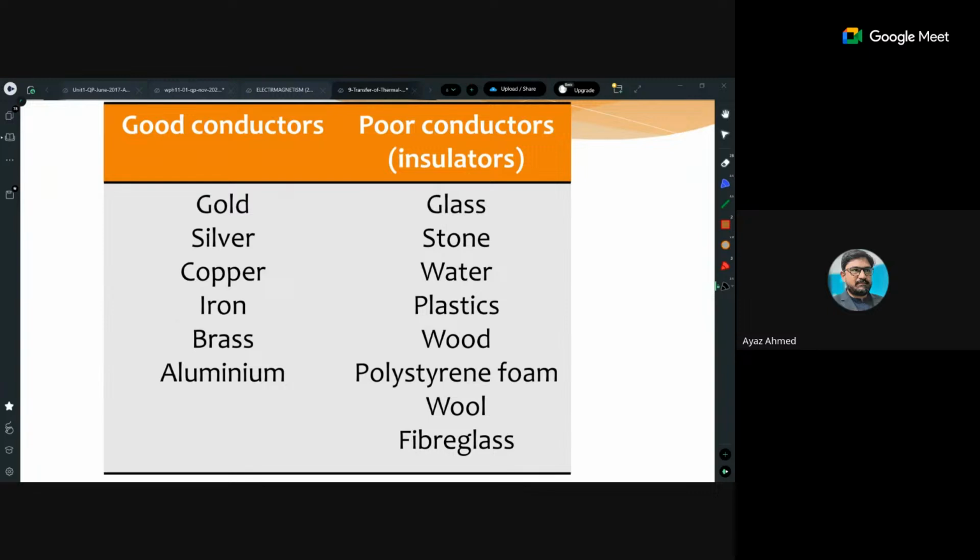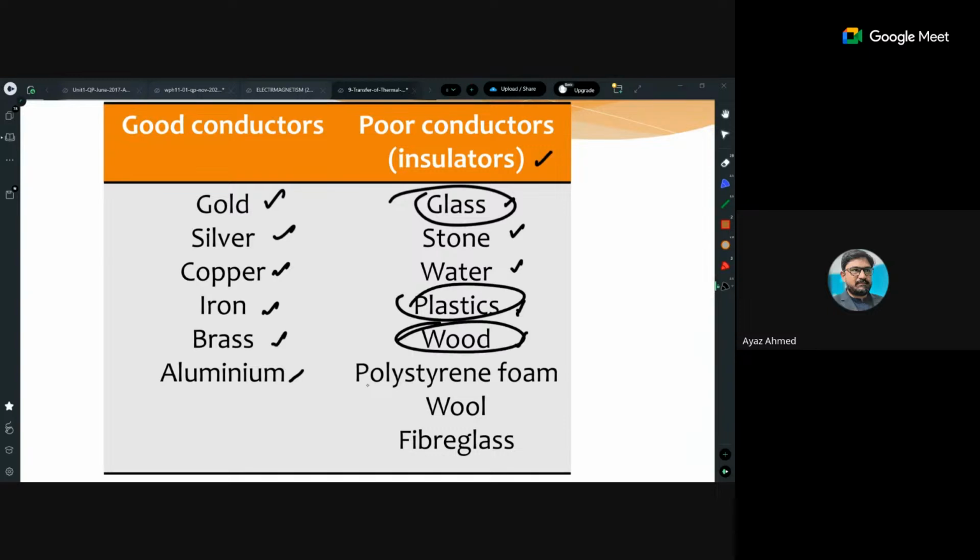Okay, then we have a list of poor conductors which are named as insulators, and good conductors. Gold is a good conductor, silver, copper, iron, aluminium and all that stuff; or glass, stone, water, plastic, wood. You have to at least know the common insulators. For example, glass is an insulator, plastic and wood are insulators, thermopole or polystyrene foam cups are insulators, wool is an insulator.